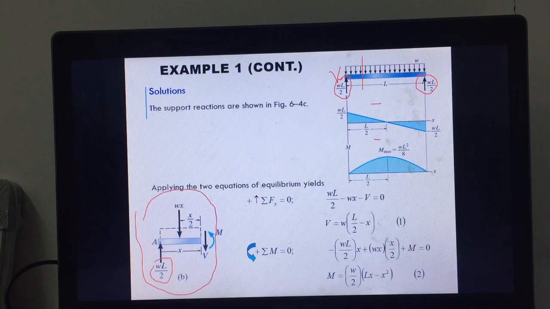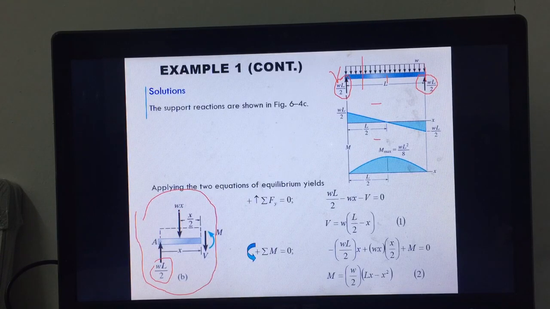What do we have at the top of the beam? Wx. What is x? x is this intermittent line. You cut here at x = 0, increasing, L/2 here in the middle, increasing until x equals L here. We just denote it as x, because it's a variable now.